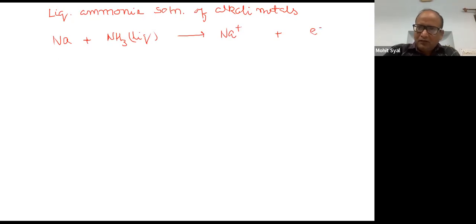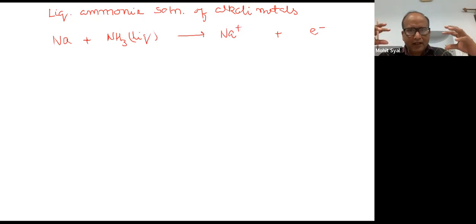We have seen when you put these ions in water, all the water molecules get attracted toward that ion and surround it and make it stable, right?